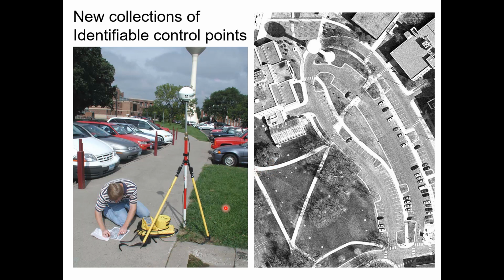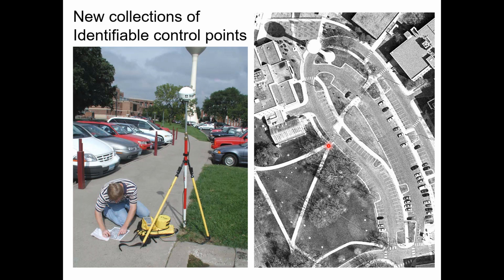We might actually need to go out and collect GPS locations at exact spots that we can compare on the images that are the same between an old map and a new map. So you might find some spots on the images that are the same, but then go out and collect exact GPS data to get very high quality accuracy in what the coordinate system, the X and the Y, would be at that location.